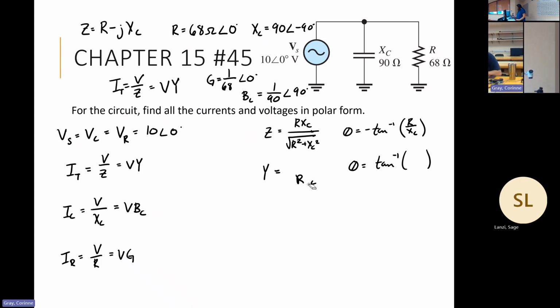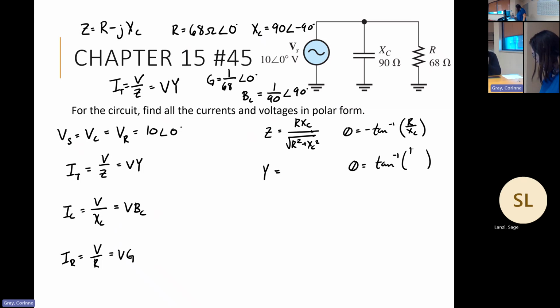Let's redo Y. For Y, instead of using XC and R, we should use G and BC inside of it, because those are the correct ones.